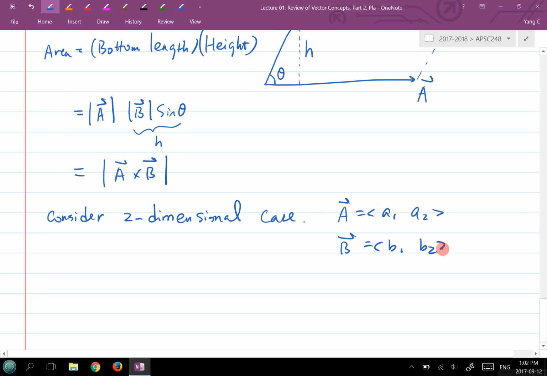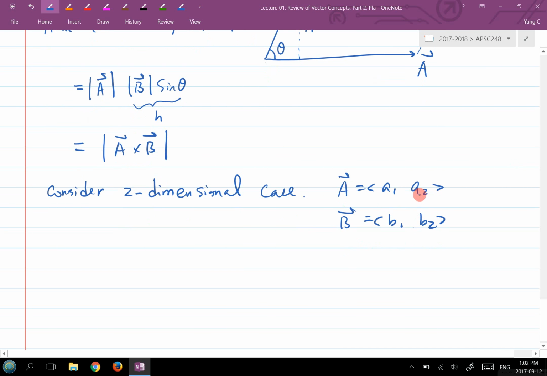Now, if I substitute A and B, calculate the cross product, and then calculate the absolute value, or the norm, of this cross product, I should get the area. So we can do a quick calculation using this formula.